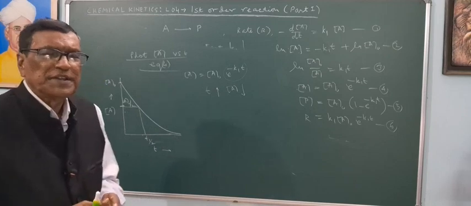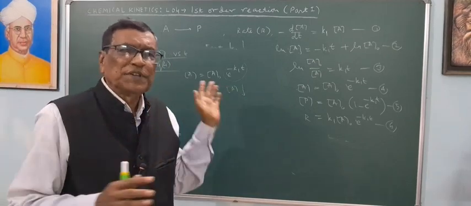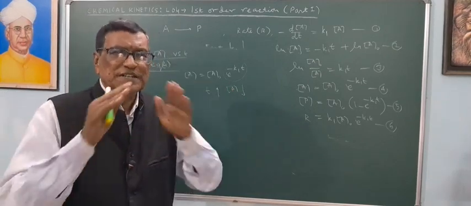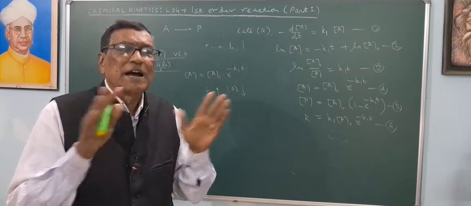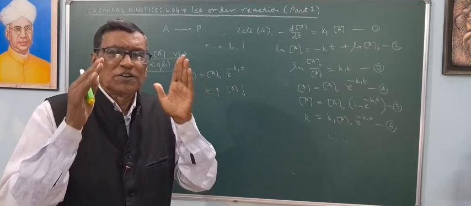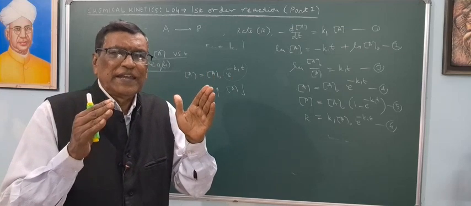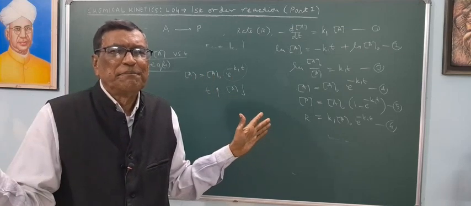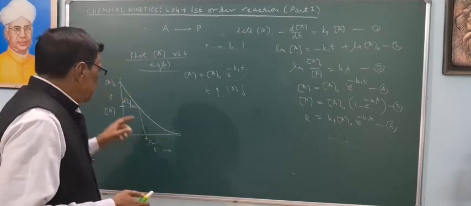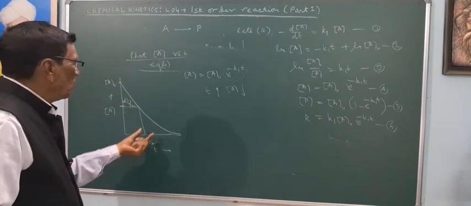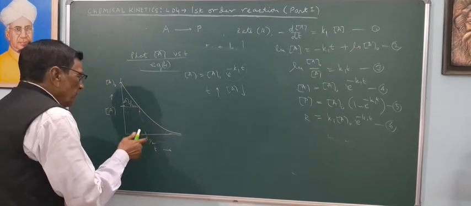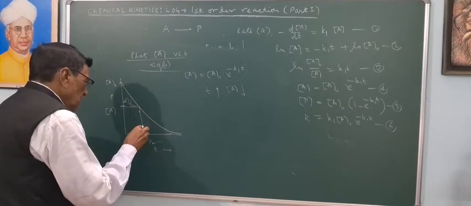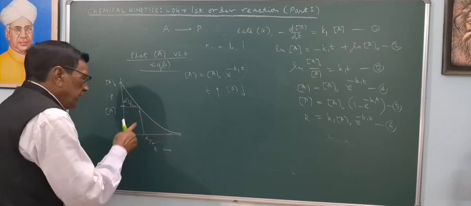Half-life means when the reactant is half decomposed. The time at which the reactant is half decomposed, or concentration of A is cut in half. So this is the half-life period of this reaction, you can also find out from this graph.